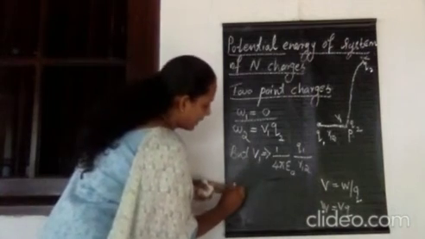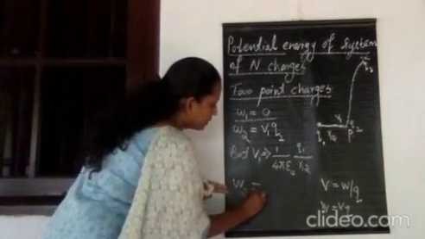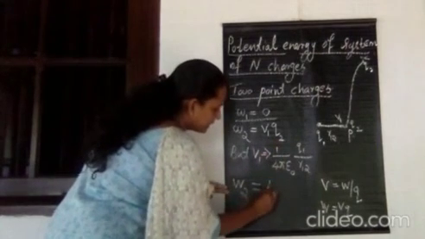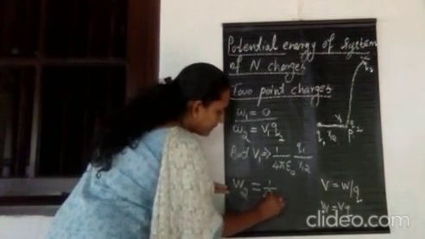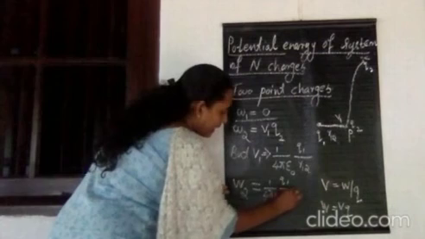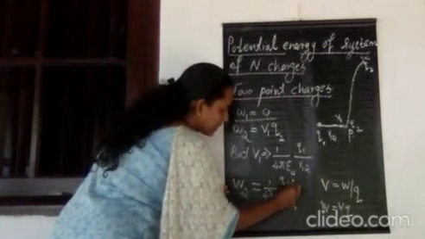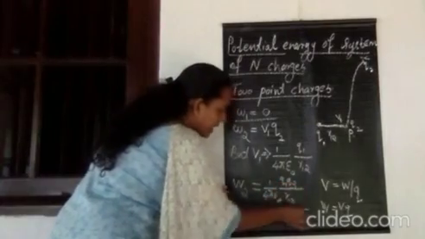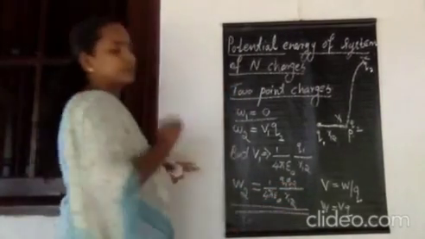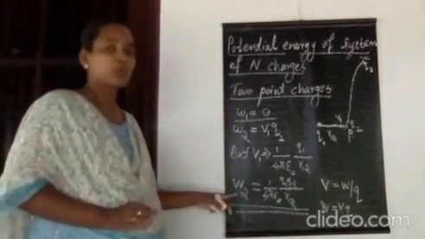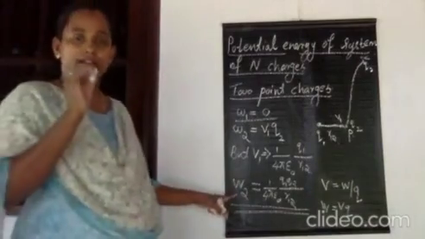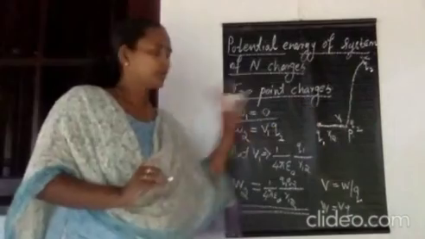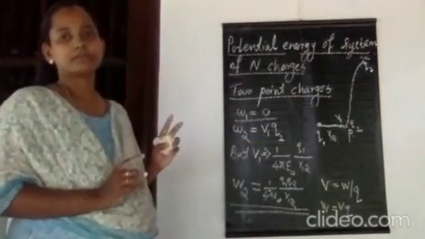Therefore, W2 is 1 by 4 pi epsilon 0 Q1 by R12 into Q2, which is Q1 Q2 divided by R12. So this is the expression for work done to bring a charge Q2 from infinity to a point P.